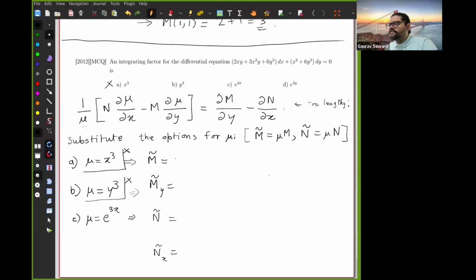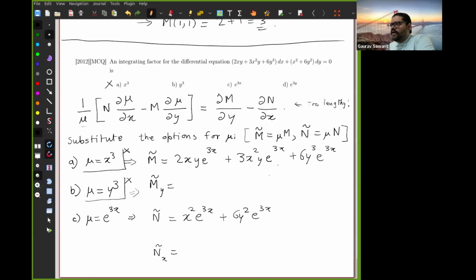In the first case, I'm going to get 2xy e power 3x plus 3x square y e power 3x plus 6y cube e power 3x. And here I'm getting x square e power 3x plus 6y square e power 3x.